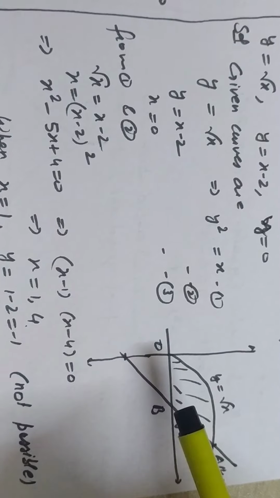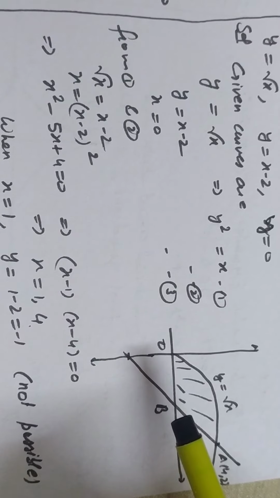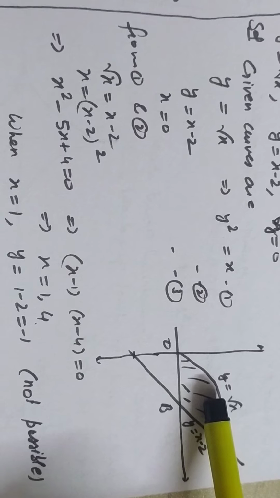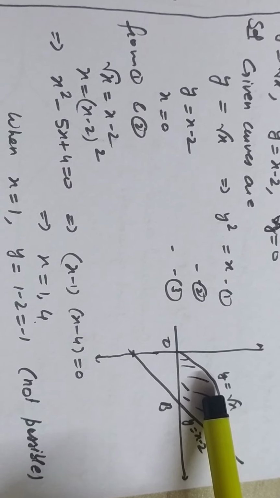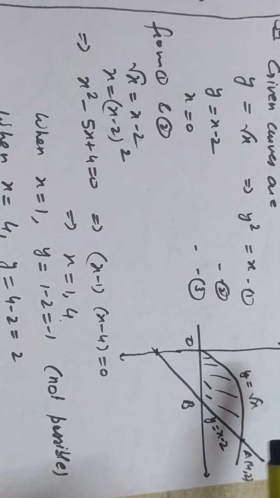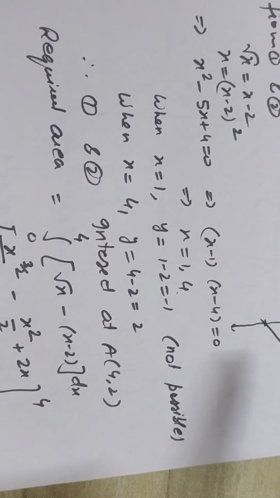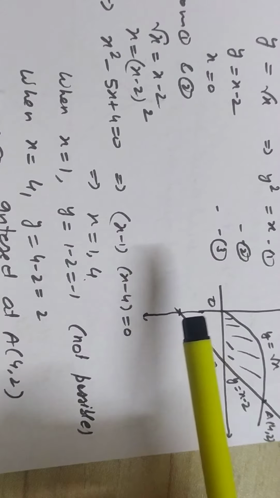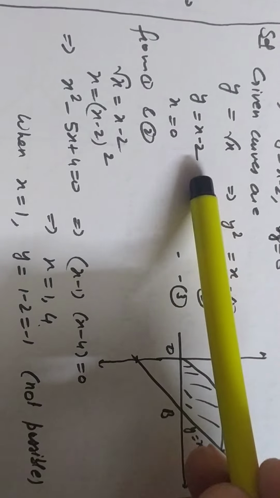So in the pictorial representation you will obtain this region where you are finding the area. So first you find the value of x or y, which give you the limits for integration. For that you will take the help of these two equations.